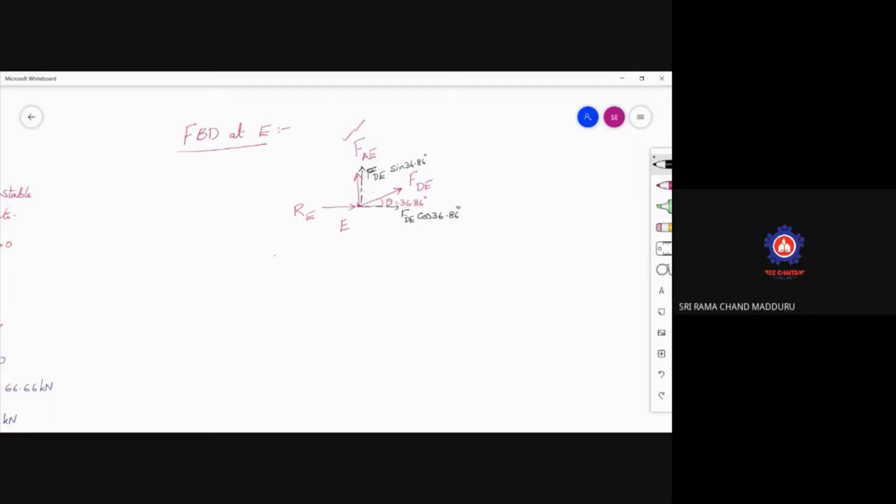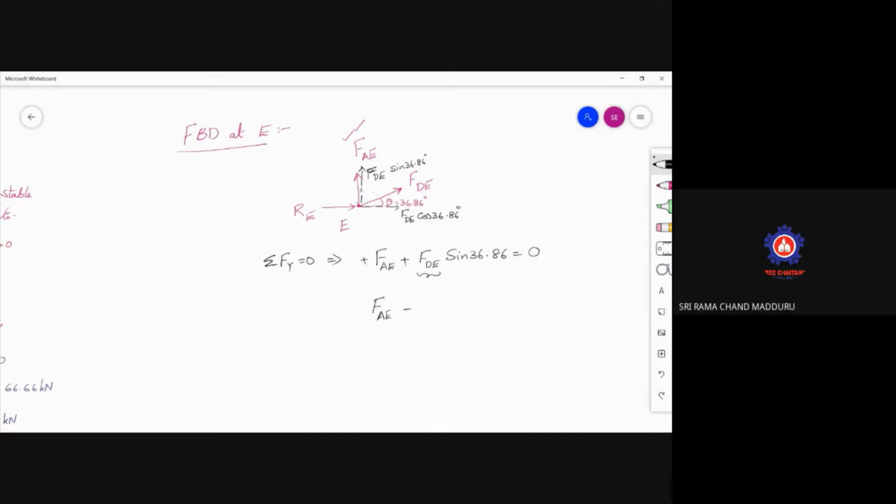Now take sigma Fy equal to 0. Remember, wherever it is required, there only you have to consider plus FAE plus FDE sin 36.86 equal to 0. Summation of the forces along the y direction is equal to 0.